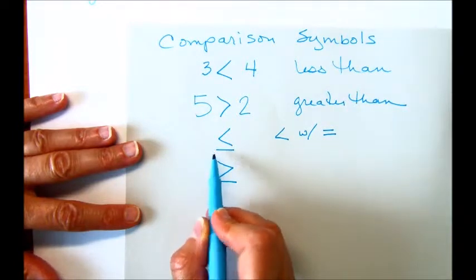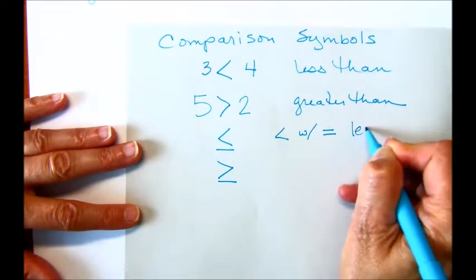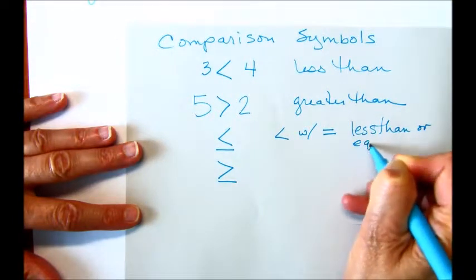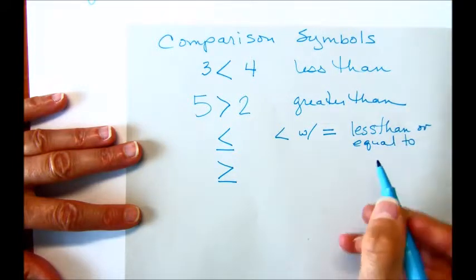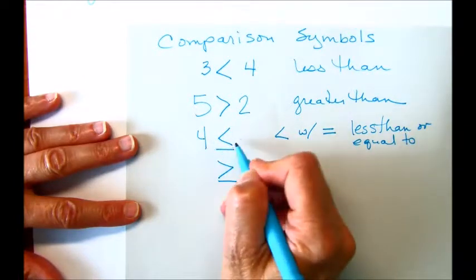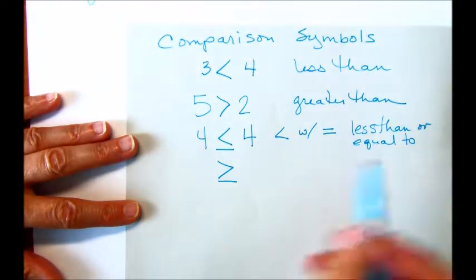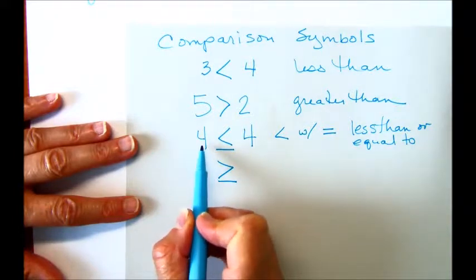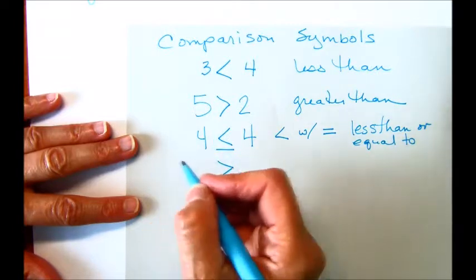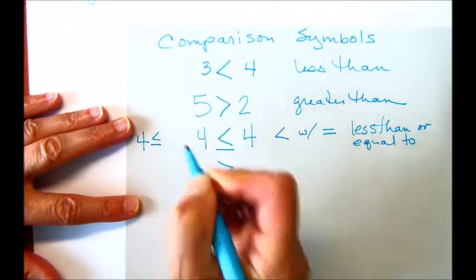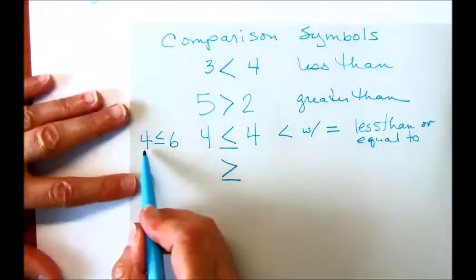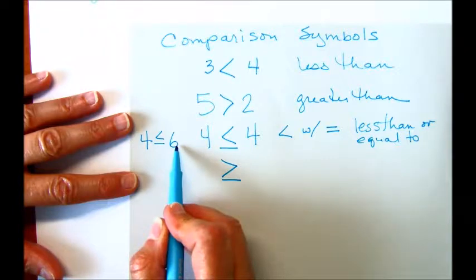And so this symbol here means less than or equal to. For instance, you could have 4 is less than or equal to 4, and that would work because 4 is equal to 4. You could also have 4 is less than or equal to 6, and that would also be true because 4 is less than 6.